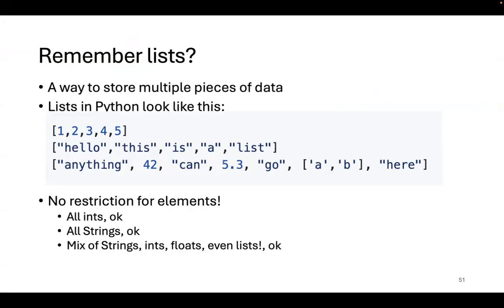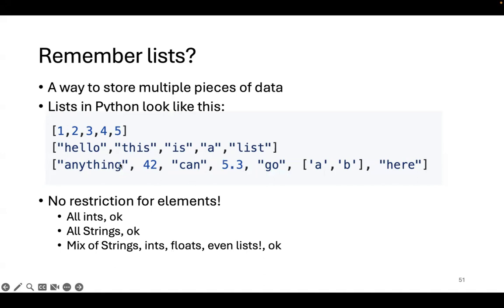So we have to talk about arrays. Do you remember lists in Python? Right? So lists, we have square brackets and we separate things by commas. And in Python, lists can be a bunch of numbers, a bunch of strings, or pretty much anything we want.